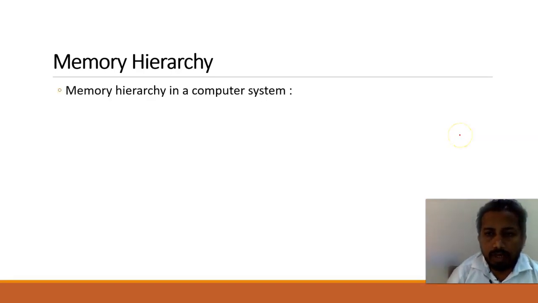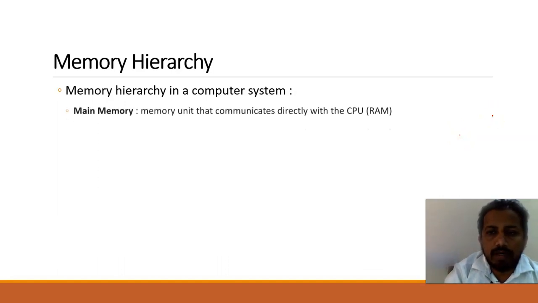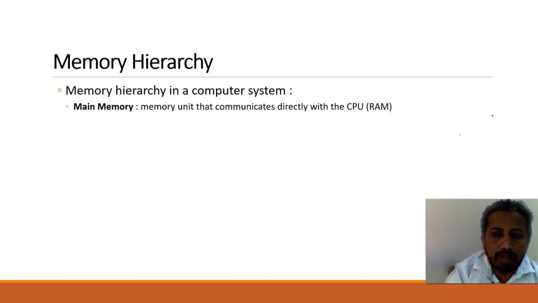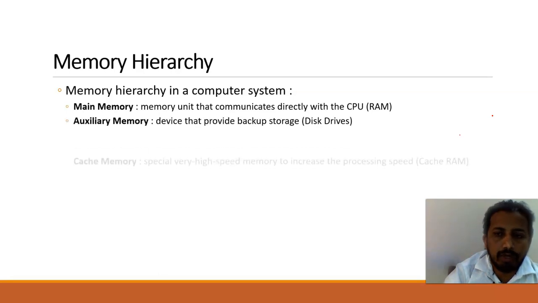Now coming to the memory hierarchy in a computer system, there would be a main memory, the memory unit that communicates directly with the CPU, that is the RAM memory.